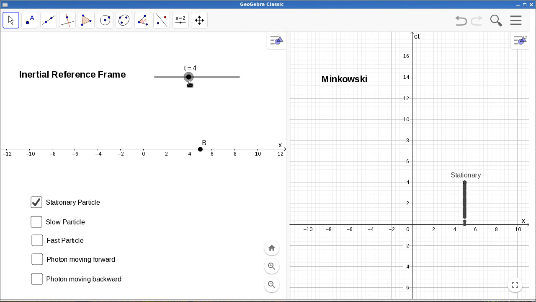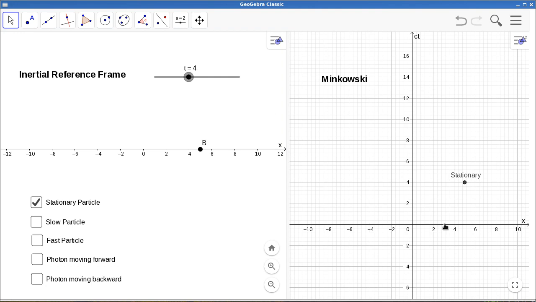Now if I change the time to a certain value, say 4 seconds, you see that the point represented by the particle in the Minkowski space-time also changes. Why does it have to change? Because it has to take care of the time also. So this point B is at position 5 in physical reality, and the time now is 4 seconds.